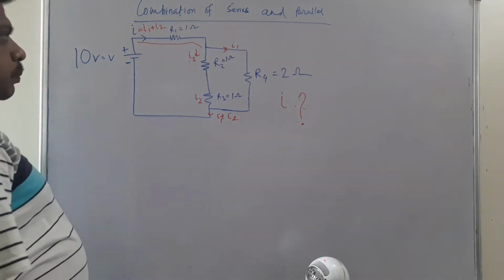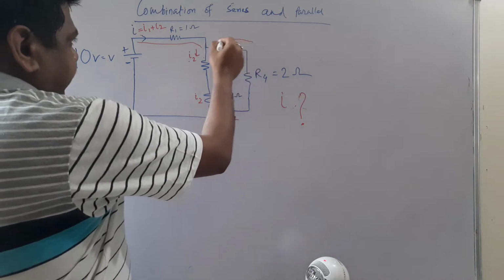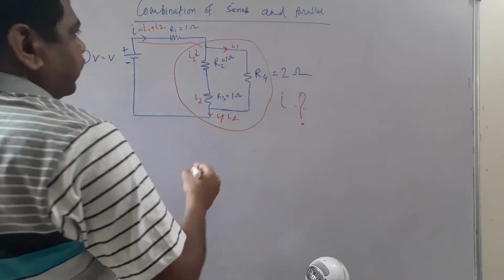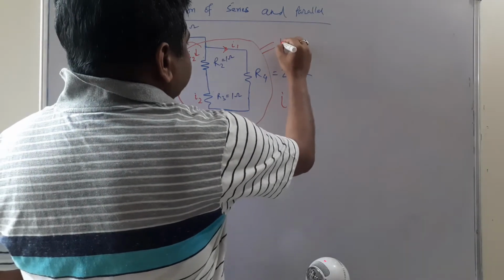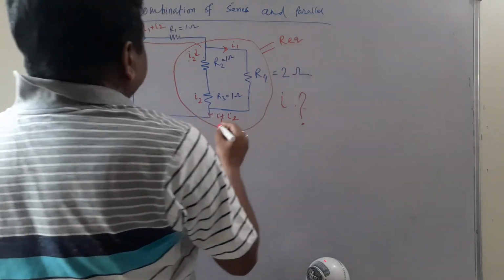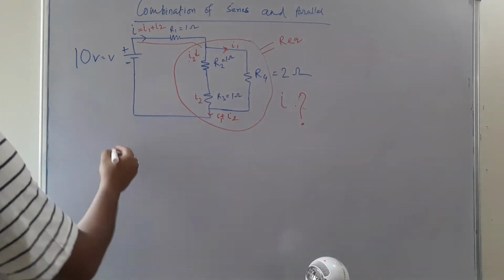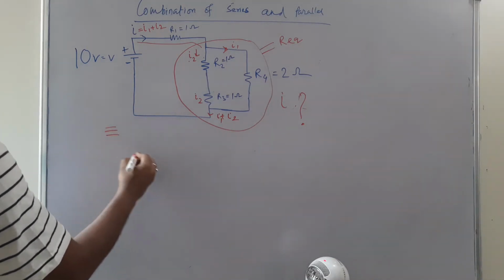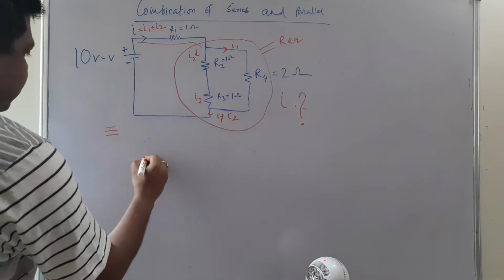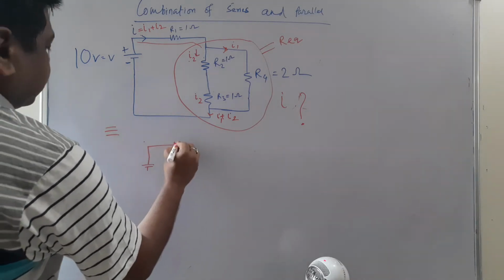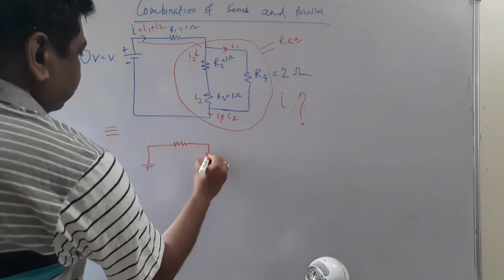So how can it be a closed path? If we replace this entire circuit with an equivalent resistance, then it can be a closed path. So if I redraw again, how will this be? This is the cell and this is your R1.